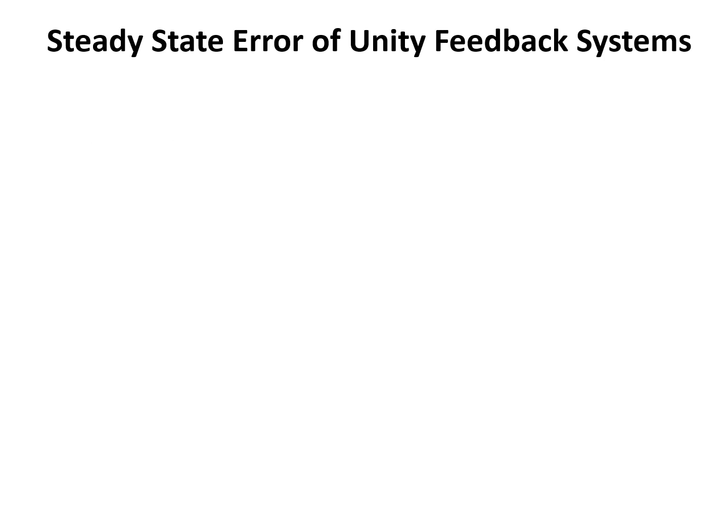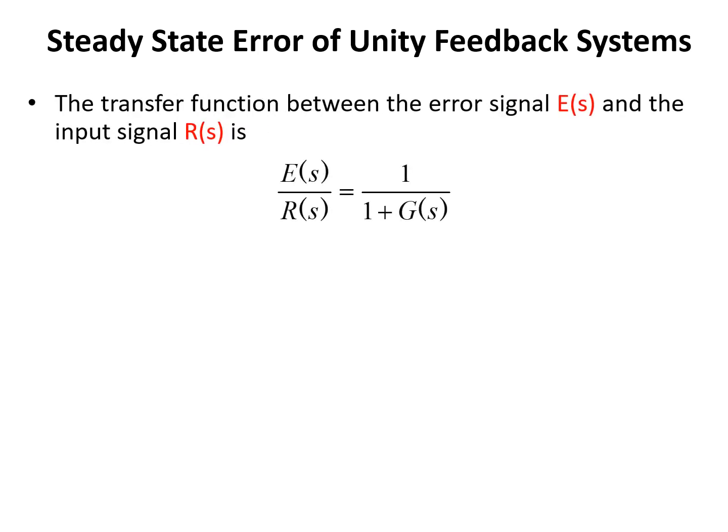Now let's analyze the steady state error for a unity feedback system as told. As we know, when we simplify the transfer function and correlate it with the error signal E(s), we can take E(s)/R(s) as equal to 1 divided by 1 plus G(s).